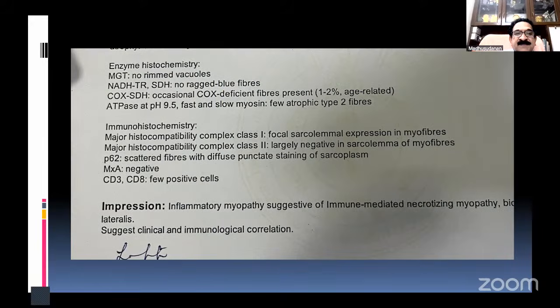And the biopsy result came. This is the biopsy report. That is the ultimate conclusion: inflammatory myopathy suggestive of immune-mediated necrotizing myopathy.